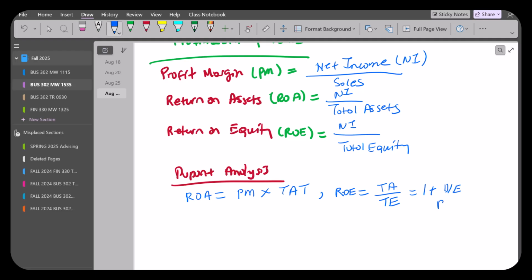Sometimes this is also known as equity multiplier, EM. It's kind of a measure of how leveraged the firm is.